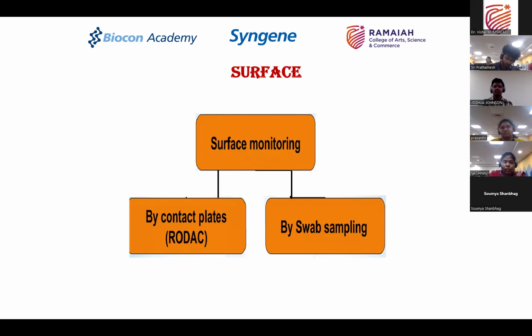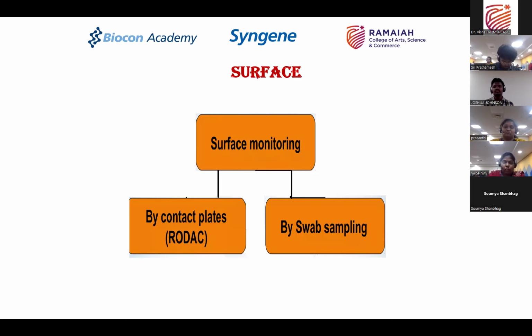So sterile swabs are a kind of earbud-like equipment, a particular thing which is sterilized, which will be rubbed on the surface. What will happen when the swab is rubbed on the surface? The particles will get attached to the swab, and then that swab will be rubbed on the media.